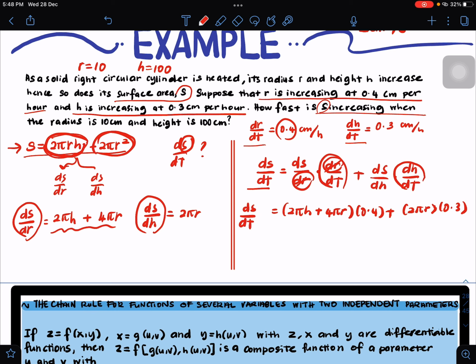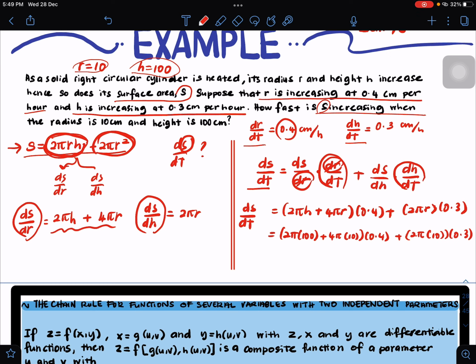Tapi belum dapat lagi sebab dia kena substitute nilai r equal to 10, h equal to 100. So substitute je lah. Dalam ni kita ada 2 pi, h kita 100, tambah dengan 4 pi, r kita 10, darab dengan 0.4, tambah dengan 2 pi, r kita 10, darab dengan 0.3.